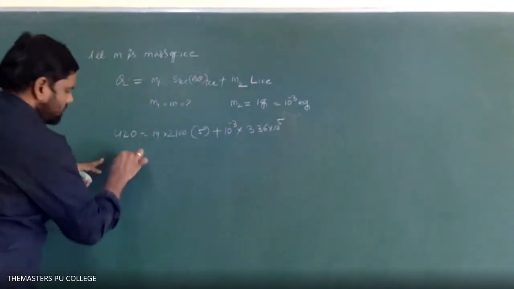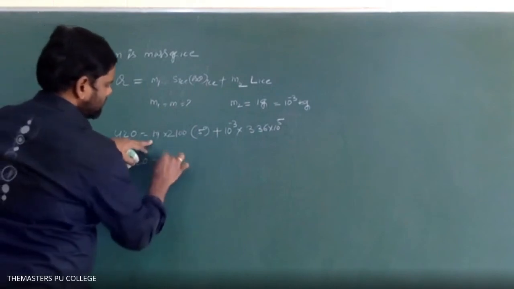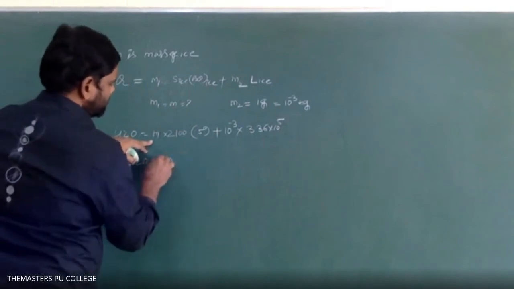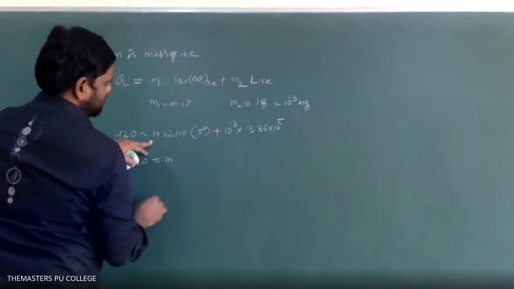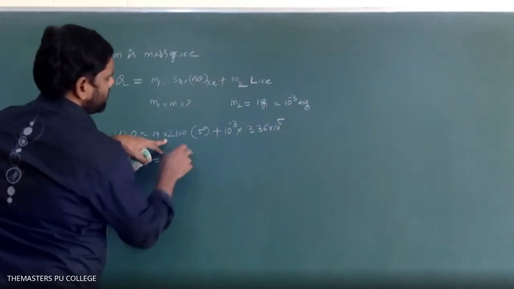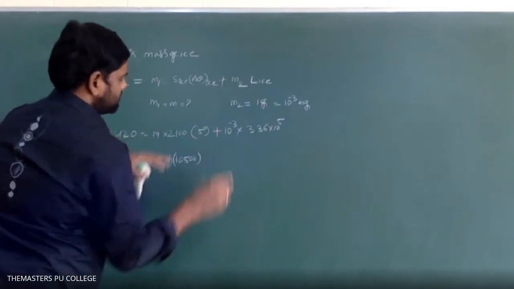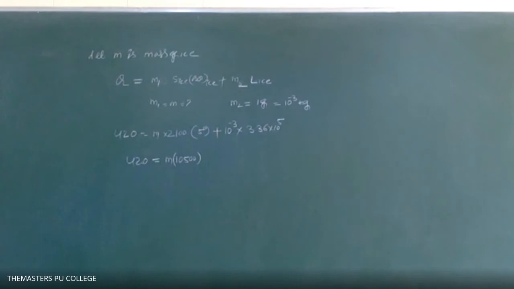So then 420 equals m times 2100 into 5, which means 10,500.